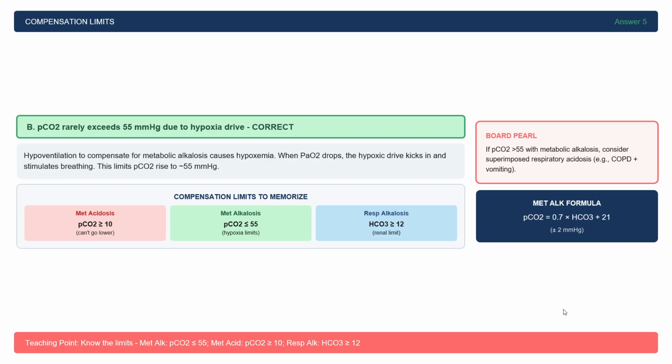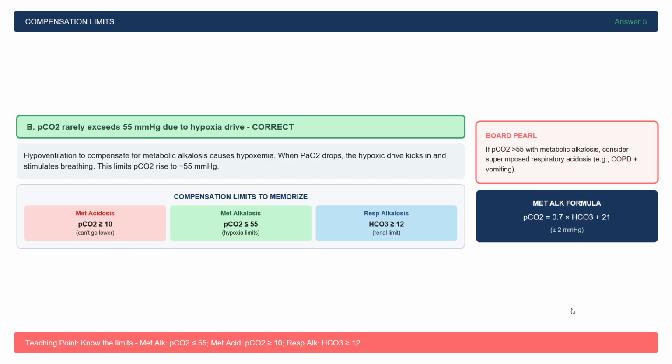There are a few key compensation limits that are worth memorizing. For metabolic acidosis, the PCO2 generally cannot drop below about 10 millimeters mercury because the respiratory muscles simply can't hyperventilate any further.